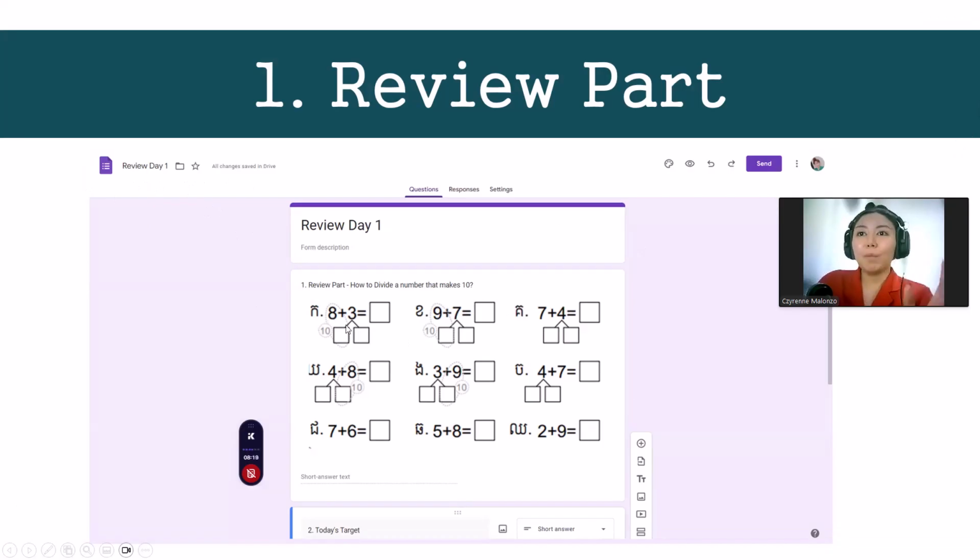For example, yesterday you taught them 8 plus 3 equals blank. So, we know that this is 11 and they know that this is 11 because that is their review. So that's the first part, what they learned yesterday.